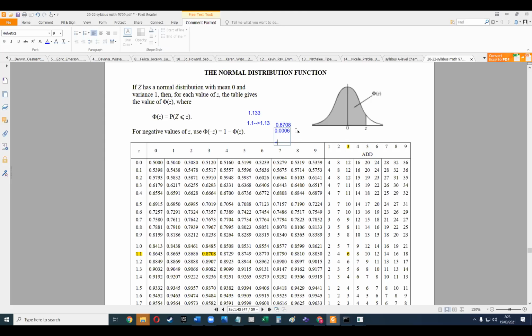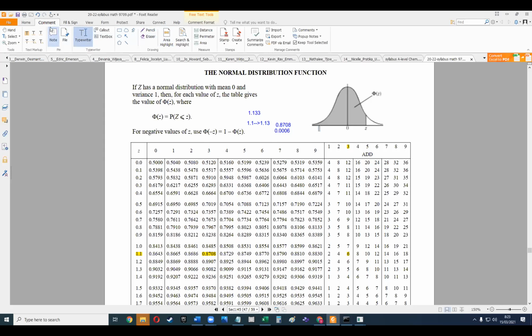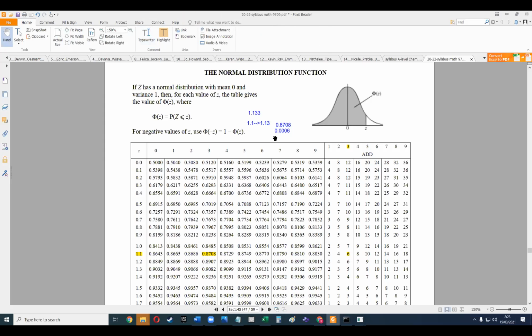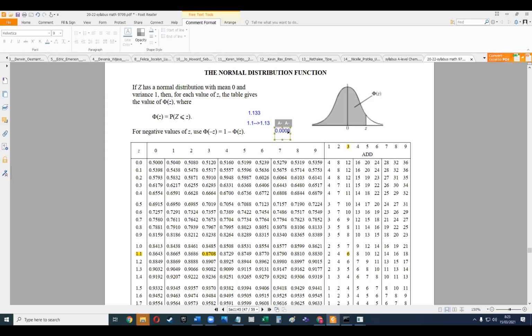And we add. Now when we add them, the total will be 0.8708 plus 0.0006, which is 0.8714.